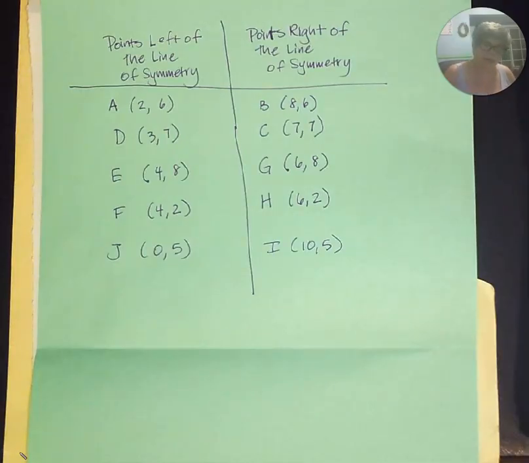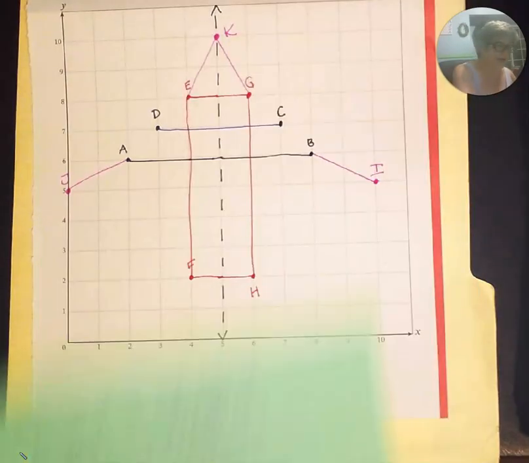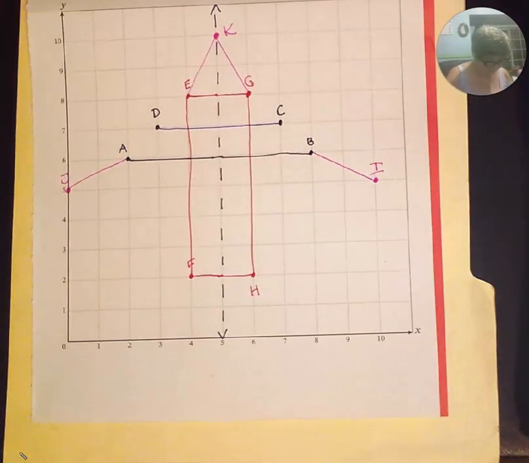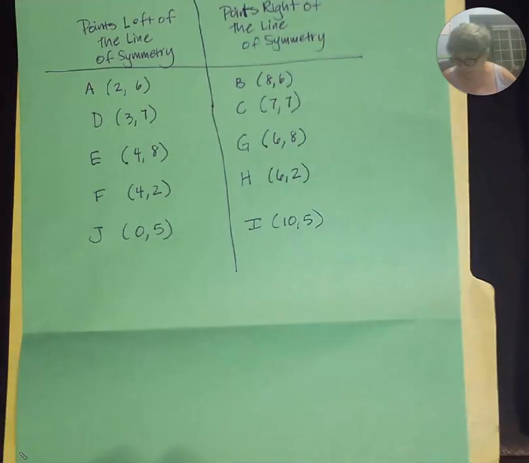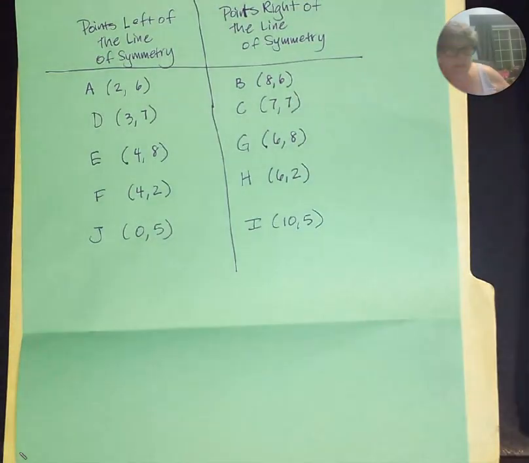What about point K on our line of symmetry? It is actually on the line, right? So if we plot a point symmetric to point K, it's going to be in the same location as point K because it's on the line. Isn't that interesting?